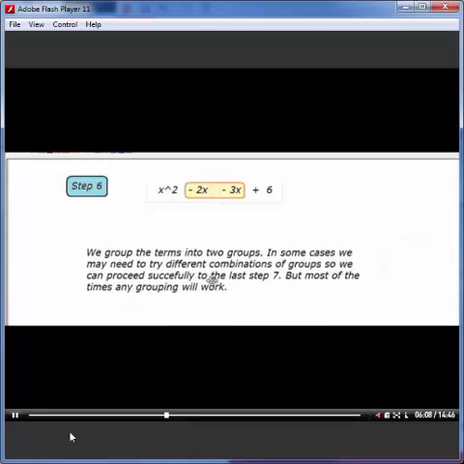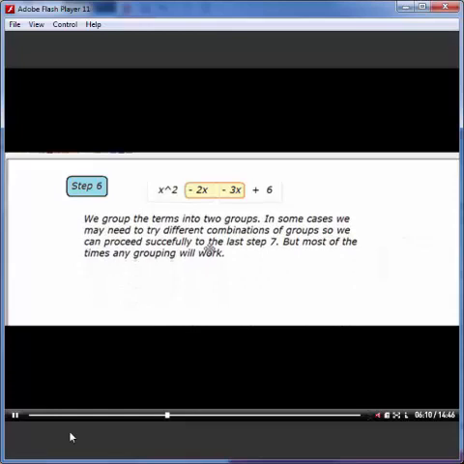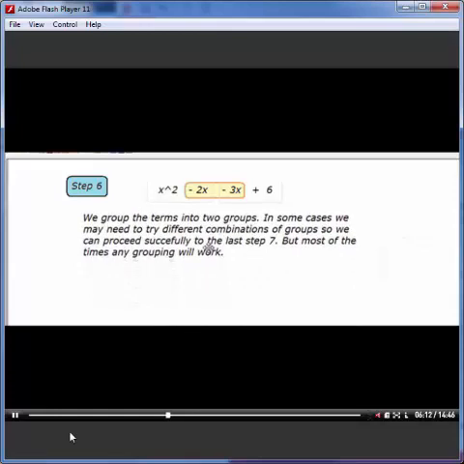You are ready now to go to step 6. At this step, you group the terms into two groups. Sometimes you may need to play around with the groups in order to find the appropriate ones. In this case, it's easy. X squared with negative 2x, negative 3x with 6.